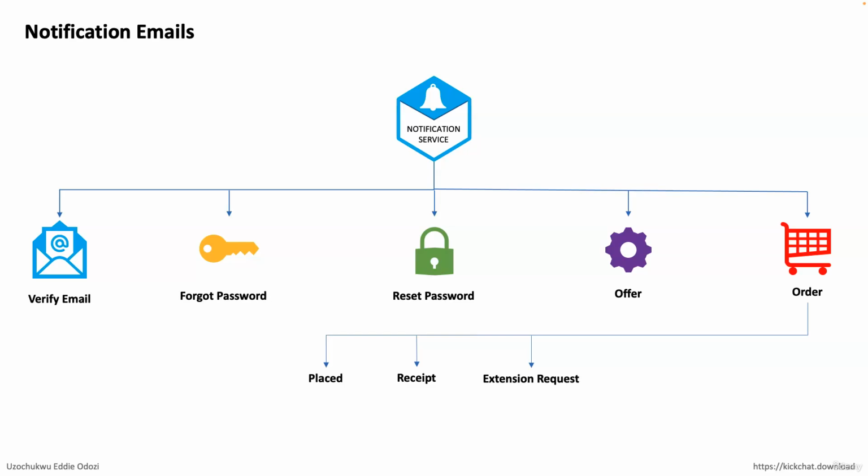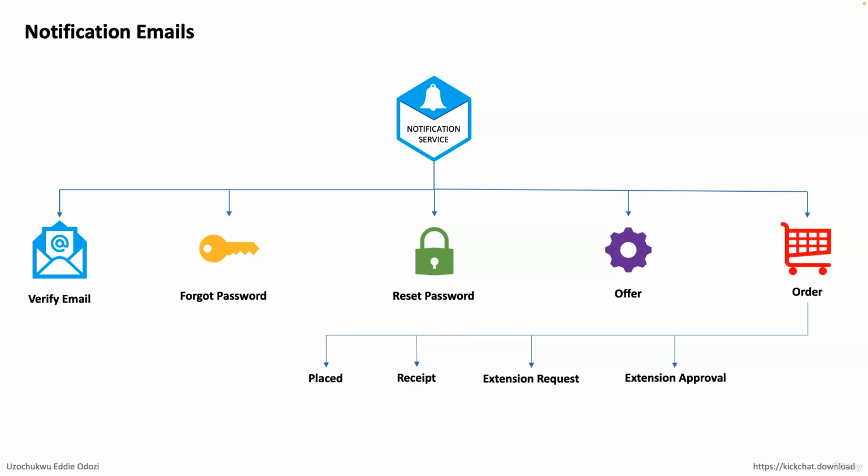The seller will need to send a request to the buyer: due to some reasons, I need an extension, maybe a 1-day or 2-day extension. It is then left for the buyer to approve or reject that request. After reading the reason and the time extension required, they can decide to approve or reject the extension request.